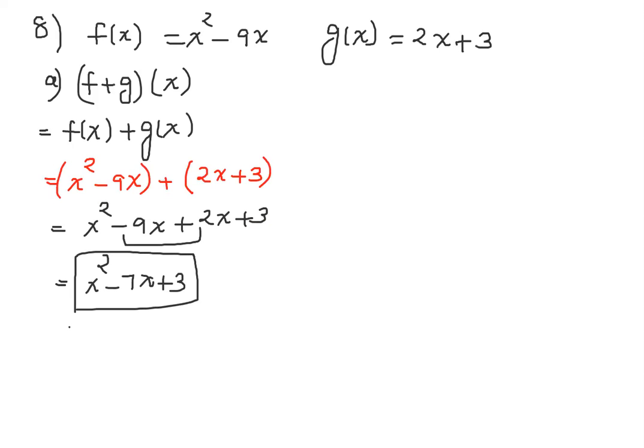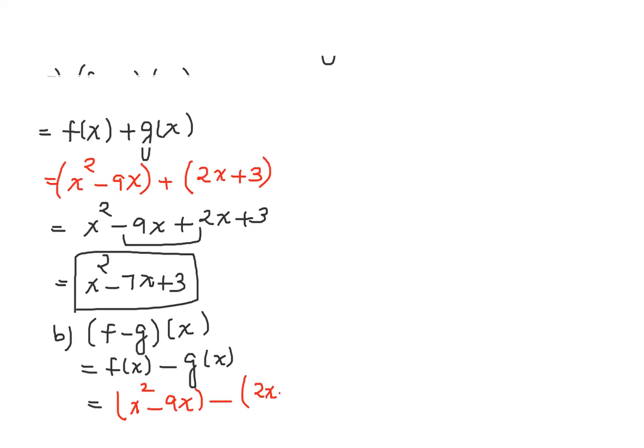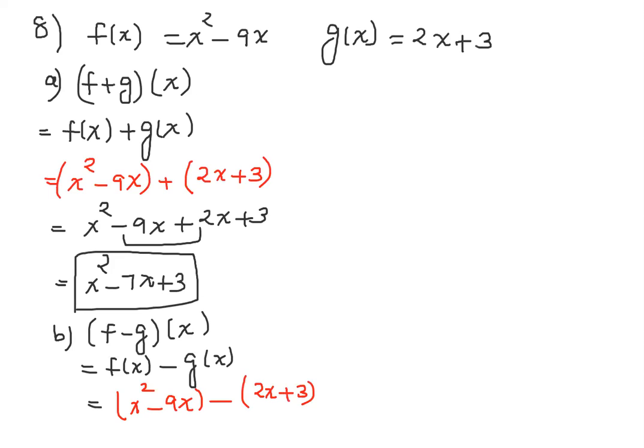Next part B, we have to find f minus g of x. Again, by definition, this is going to be f of x minus g of x. So write the f of x inside brackets. We'll remove the brackets in the next step. Okay, now we're going to remove the brackets.